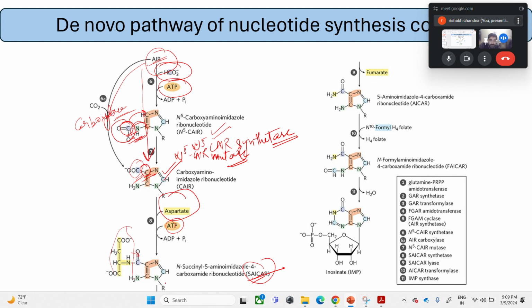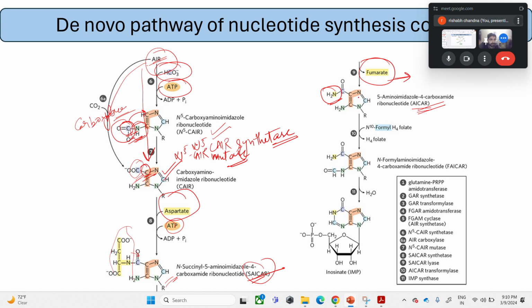Now this ring is attached to the fumarate. The fumarate molecule is released from the aspartate, and only the amino group is left. This compound is called 5 amino imidazole 4 carboxyamide ribonucleotide, or AICAR.